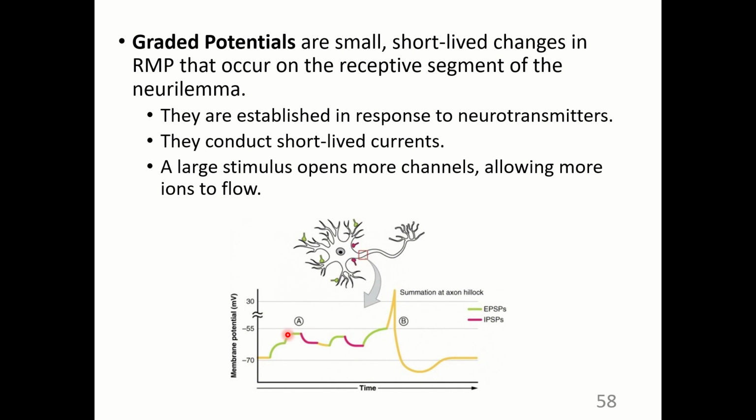Graded potentials will summate, or be added together, the excitatory and the inhibitory, and if they end up depolarizing the membrane to the threshold, in this case of negative 55 millivolts, then voltage-gated channels will open in the initial segment and the action potential will be initiated.